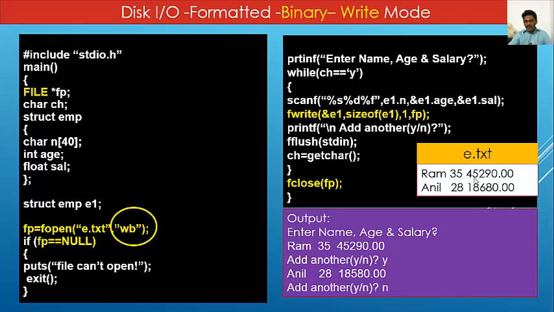In text mode, storing 45290.00 requires 9 bytes in total. The record takes 8 bytes in text mode, but in binary mode only 4 bytes are recorded because a float is 4 bytes. So this is stored in binary mode.